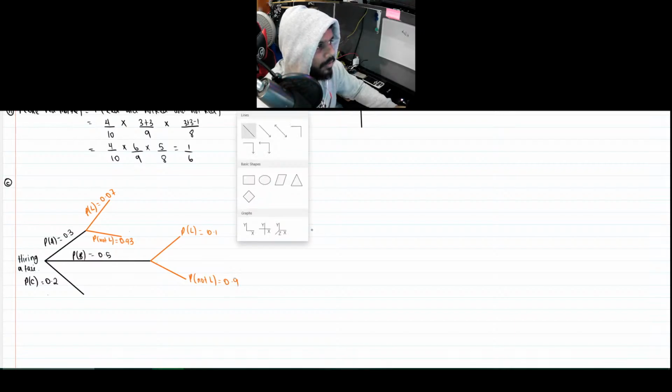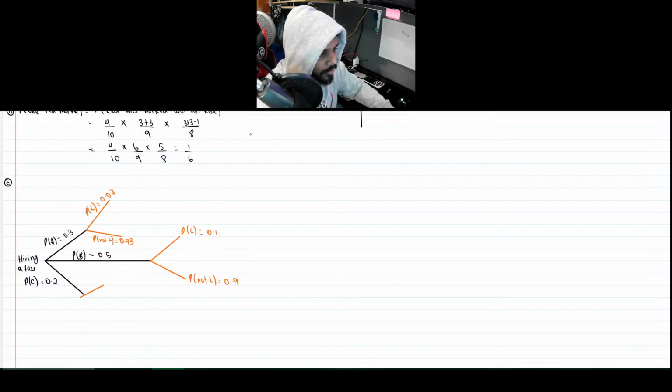And finally, from C, we have late and not late. The probability that a taxi is late from C is 0.2, and the probability that he's not late is 0.8.